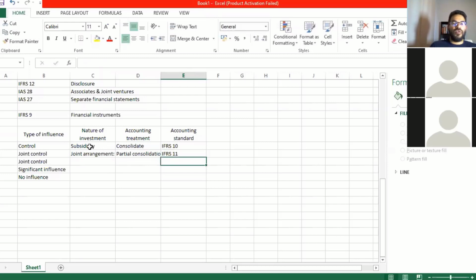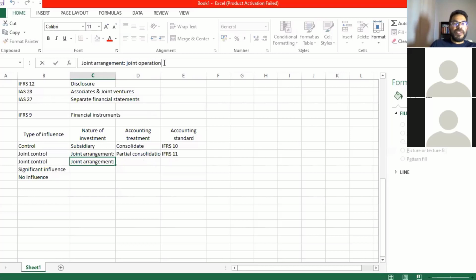Like I said, there's two parts to joint arrangement. So if you have joint control, you will have joint arrangements. A joint arrangement could either be a joint operation or it could be a joint venture.